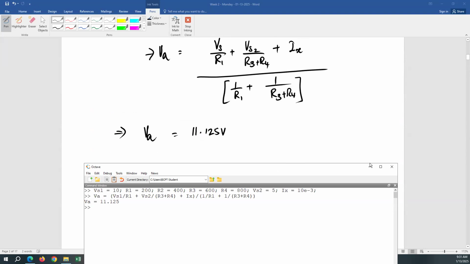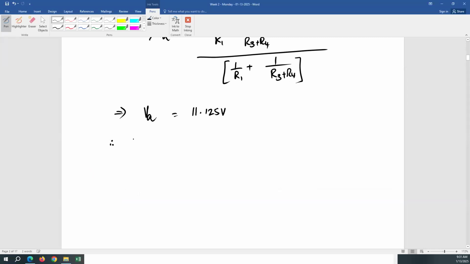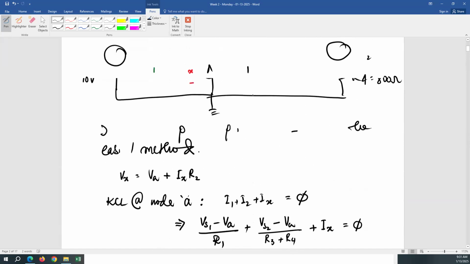Okay. So did anyone get the same answer? Okay. So now we have Vx, and our Vx equation, as we know. Therefore, Vx is equal to Va plus Ix times R2. R2 is here.